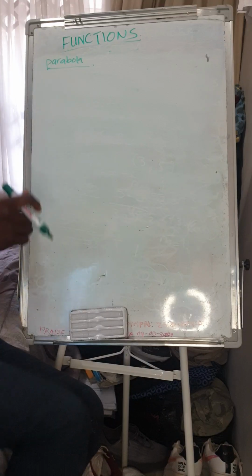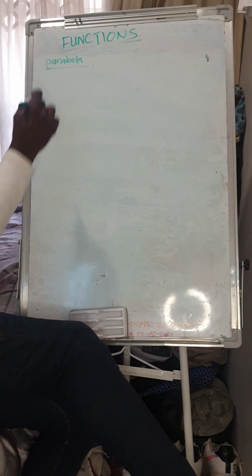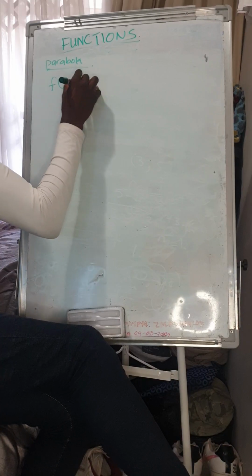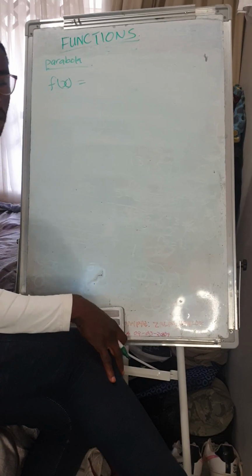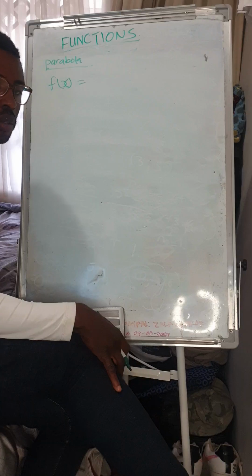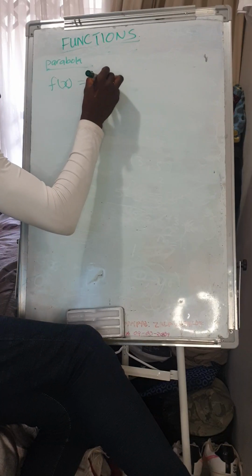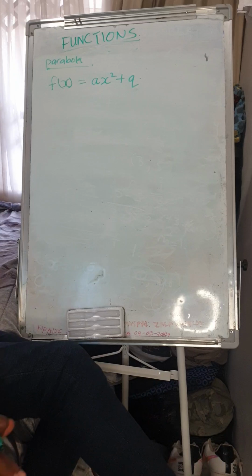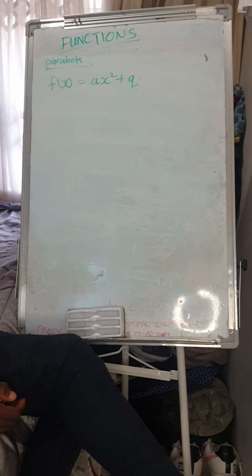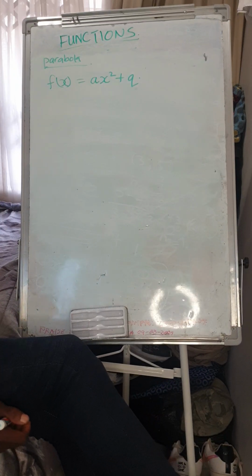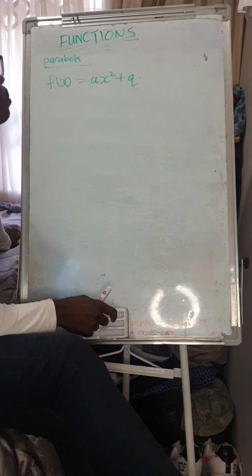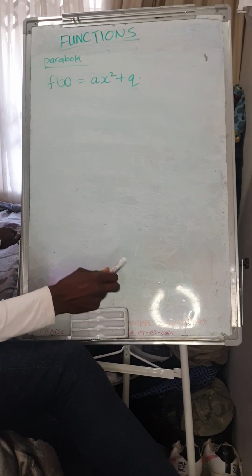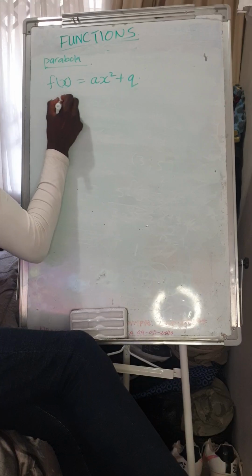It's another nice equation. f of x. What is the equation of a parabola, by the way? a x squared plus q. Now this one changes a little bit. Now, let's start with a.